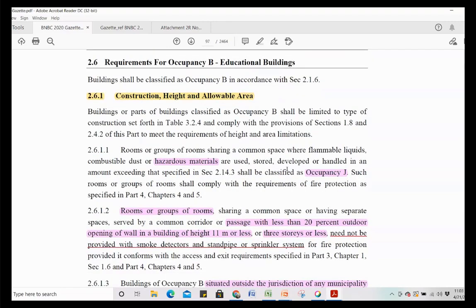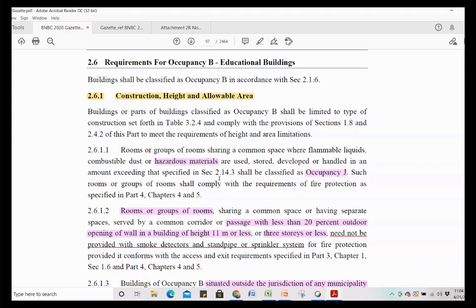So this is occupancy B. The first paragraph is a general statement, like which sections it refers to, the general provisions, and the second paragraph is basically about a special provision for occupancy B. As we know, occupancy B is about educational institutions, and it might deal with laboratories and special situations which may have hazardous issues.